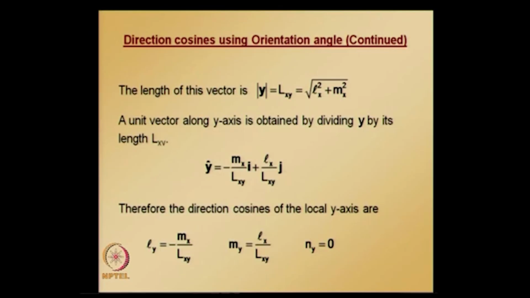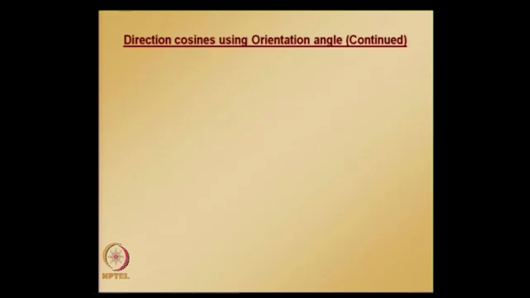So, now we got the local x axis and the local y axis, and if we take the cross product of these two, a vector along local x axis and a vector along local y axis, we are going to get a vector along the local z axis. Normalizing that with respect to its length, we get the unit vector along the local z axis. So, this is how this procedure goes.